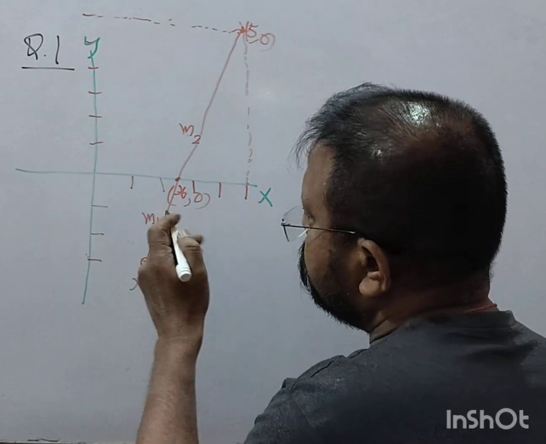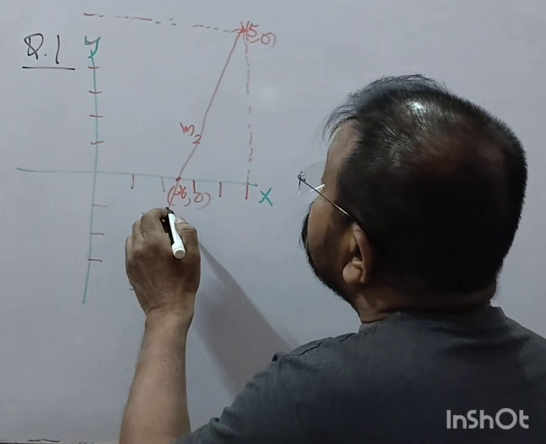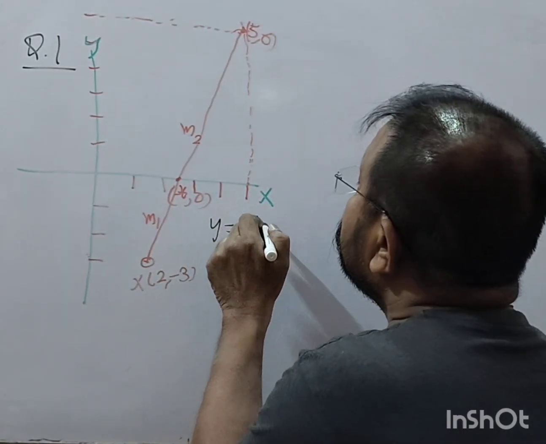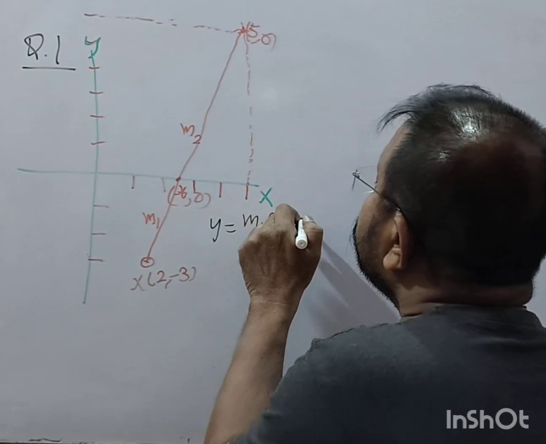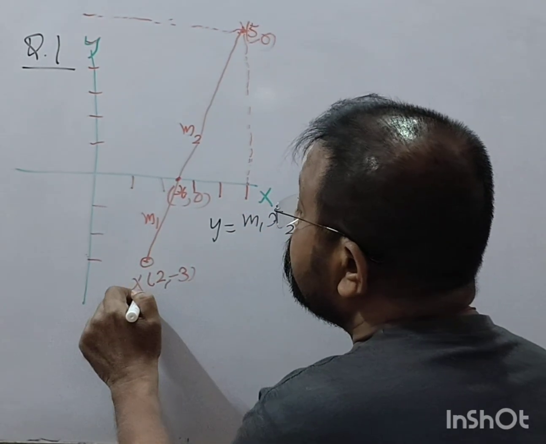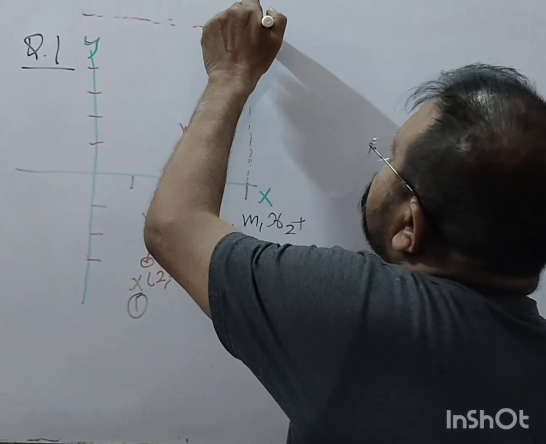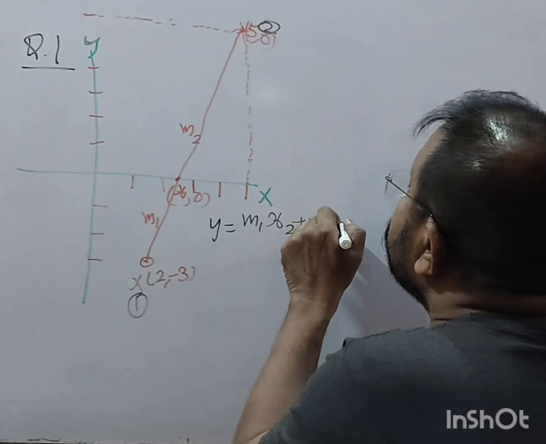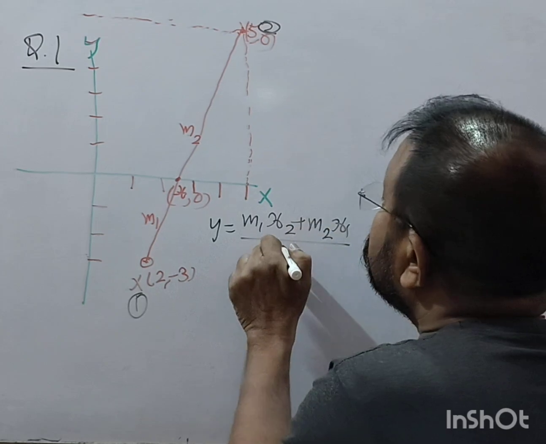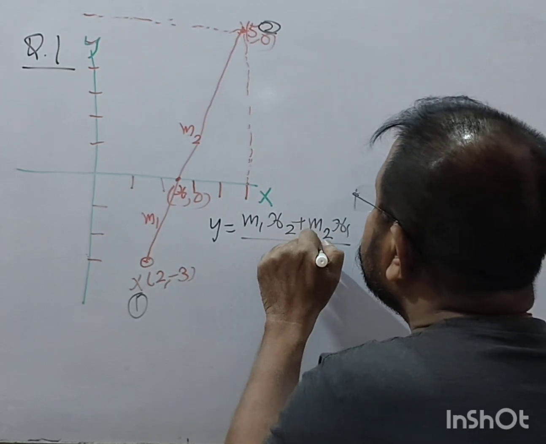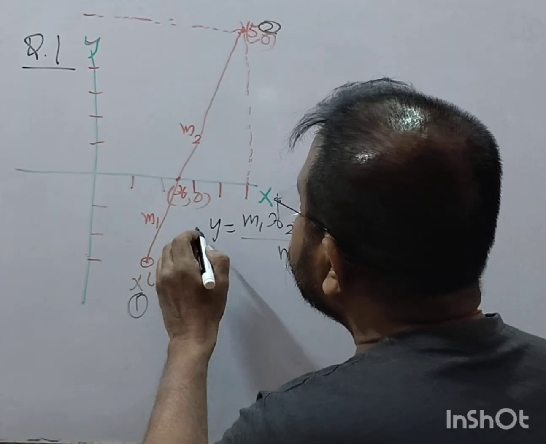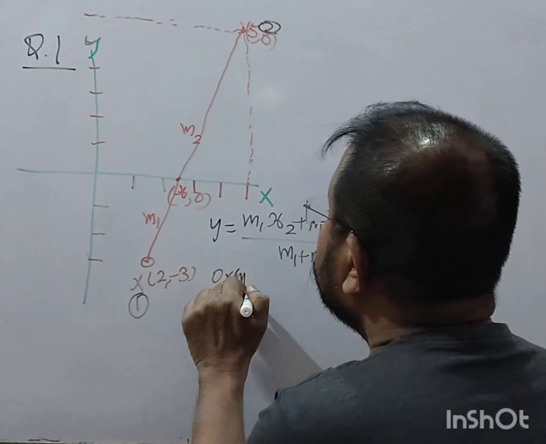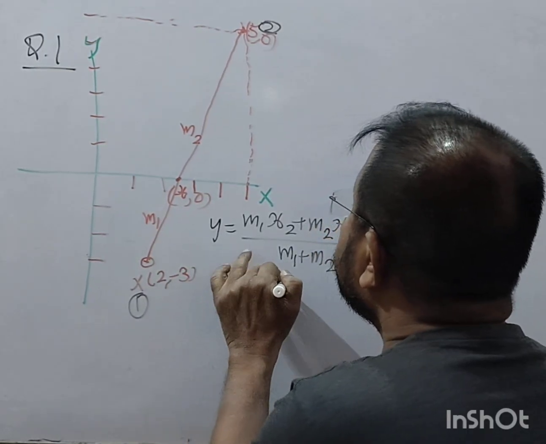So now if we take y is equal to m1 x2 plus, this we took as 1, this we took as 2, right? So m1 x2 plus m2 x1 upon m1 plus m2. Y is 0.